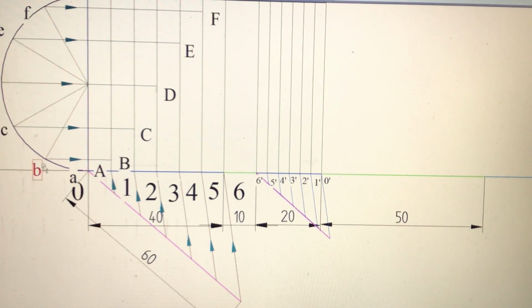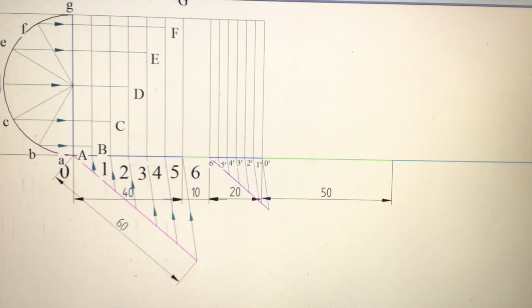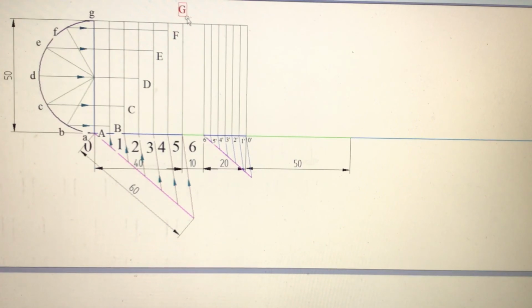Small c to line number 2, so you get capital C. Likewise small d to line number 3, small e to line number 4, small f to line number 5, small g to line number 6, so that you get capital A, B, C, D, E, F and G. This is for the angle of rise. This is the simple harmonic motion pattern.